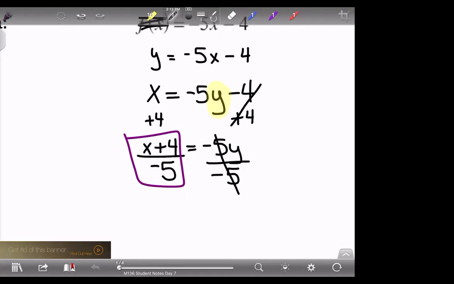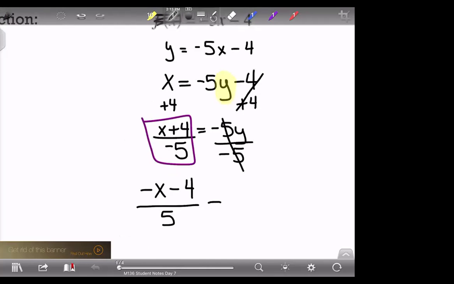So if we do that, we're going to have -x minus 4 divided by +5. So we changed all the signs in that entire fraction.